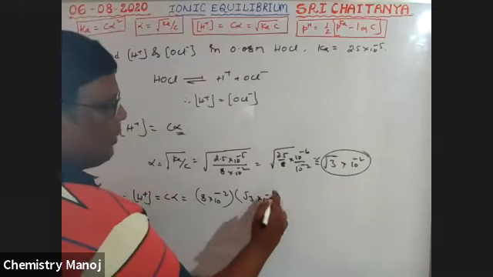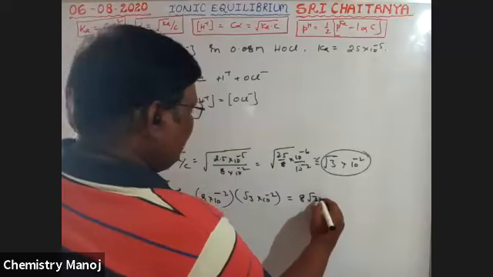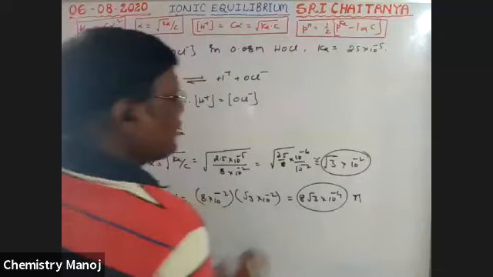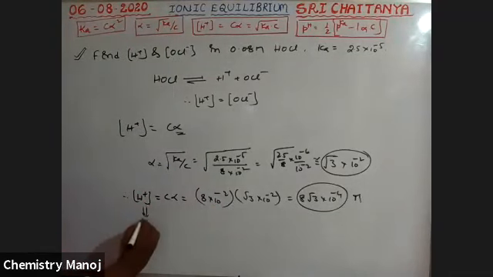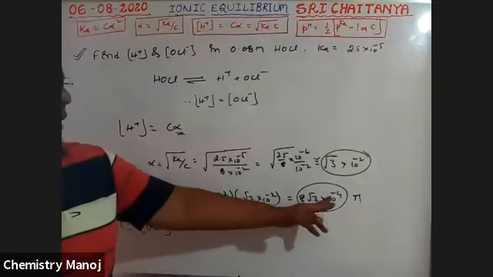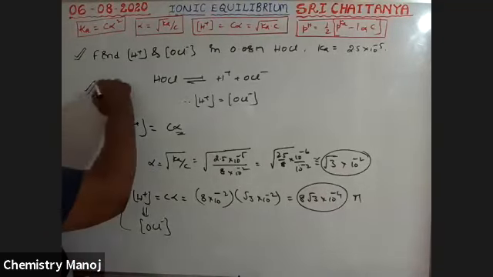So it is 10 power minus 2. Therefore, the final answer is 8 root 3 into 10 power minus 4. It is H plus concentration, which is also equal to OCl minus concentration. So this is correct, my dear boys. This is the correct way.